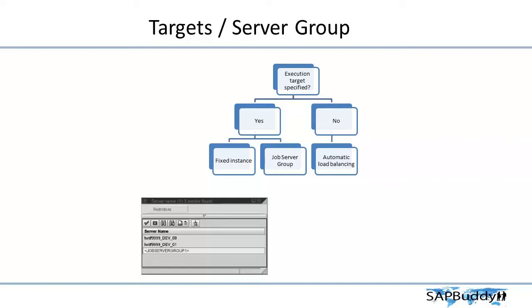In a practical scenario, what we do is keep the target blank as much as possible, so that the SAP server itself will handle the load balancing. Only if you have specific background jobs which need to run on a specific application server will we execute them on that server. Otherwise, we just leave it blank, because it's the best way to get load balancing.